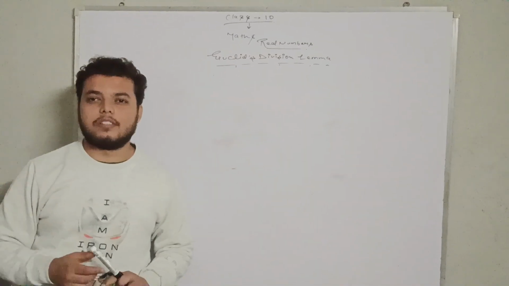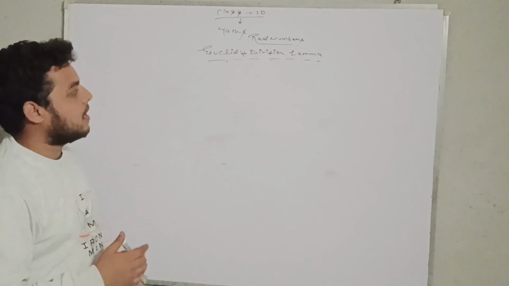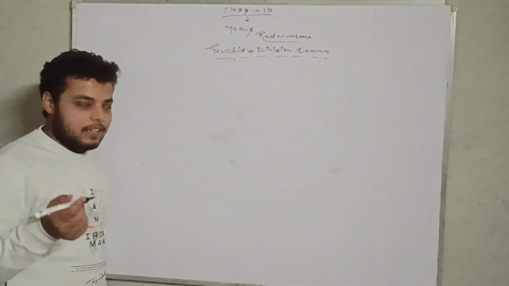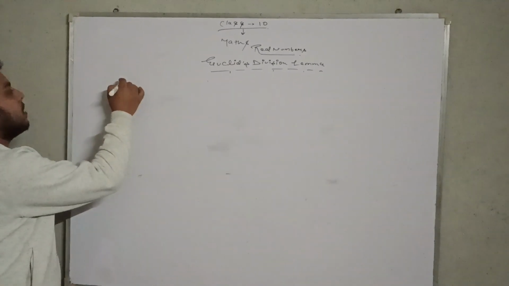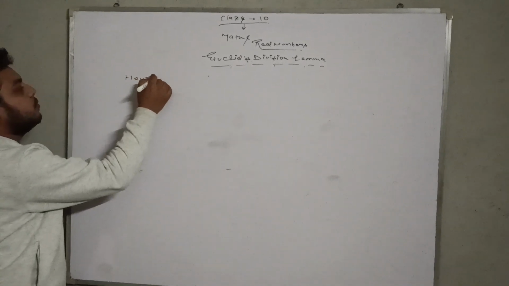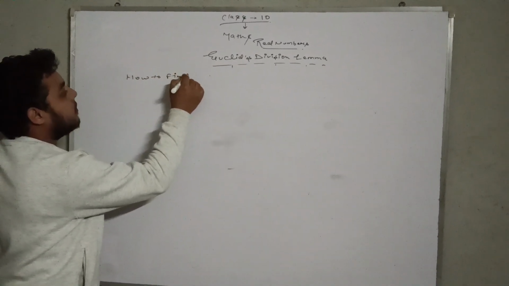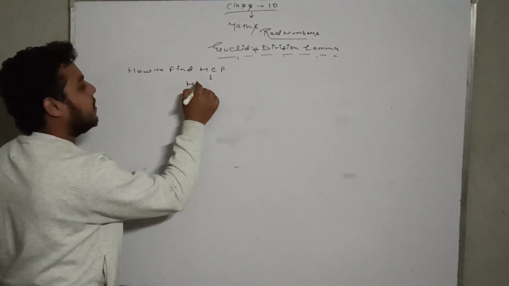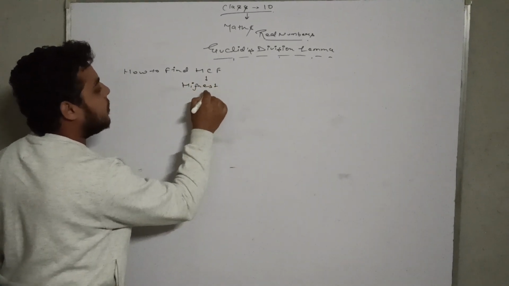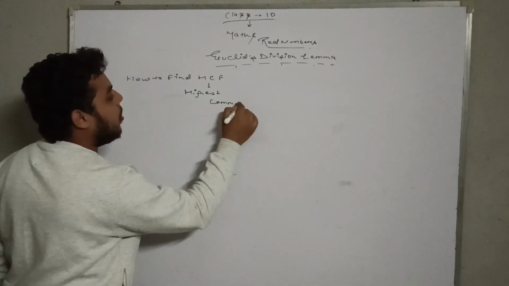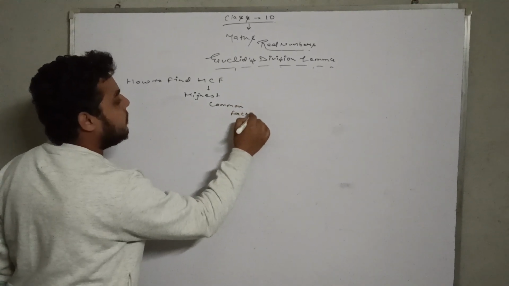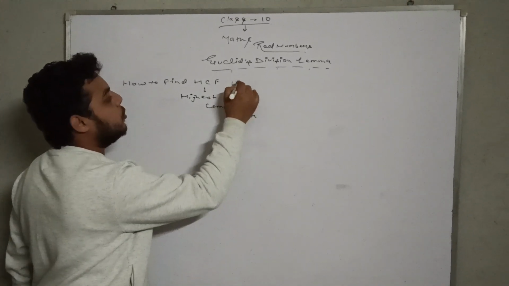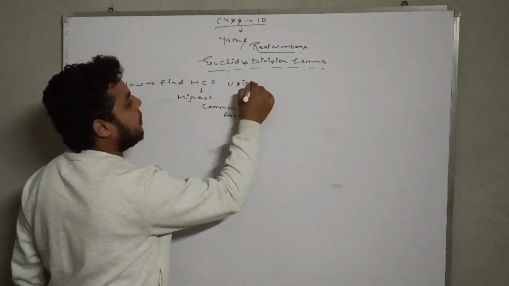So now we are going to discuss the application of Euclid's division lemma. In your NCERT there is only one application, that is how to find HCF, the highest common factor, using Euclid's division lemma.